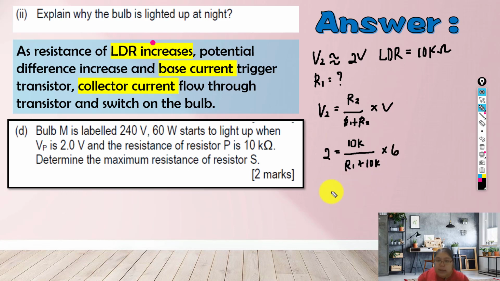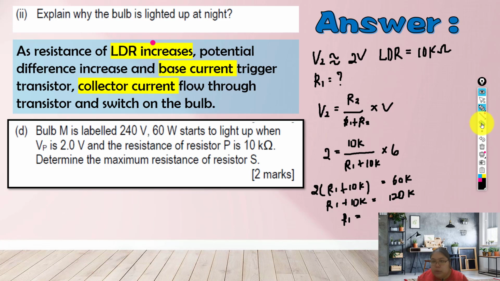So finally, I get the answer. This 2, I move here. R1 plus 10K, this one is 60K, divided by 2. So R1 plus 10 equals 120 if multiplied.